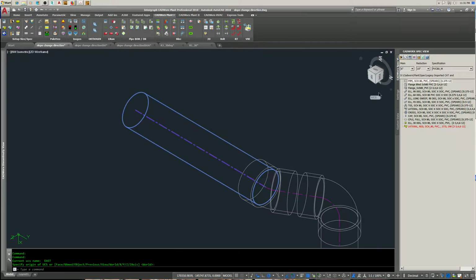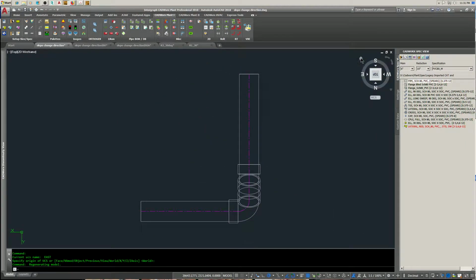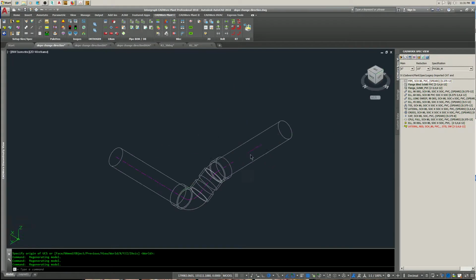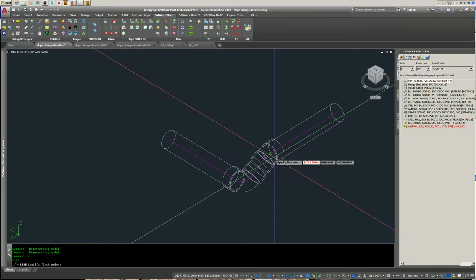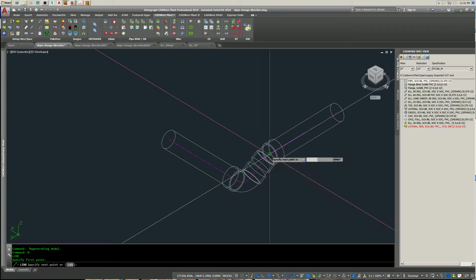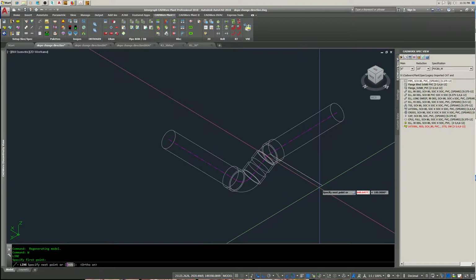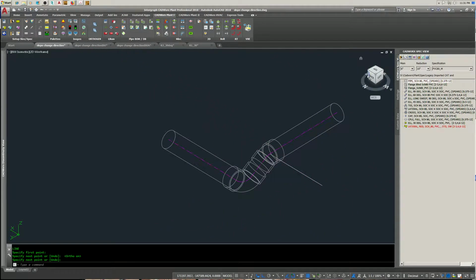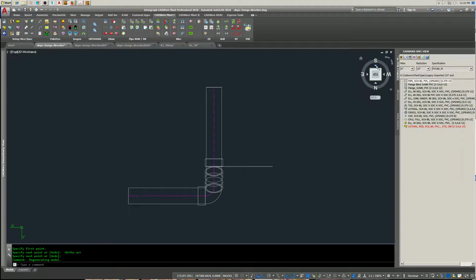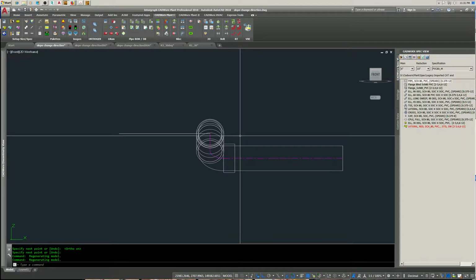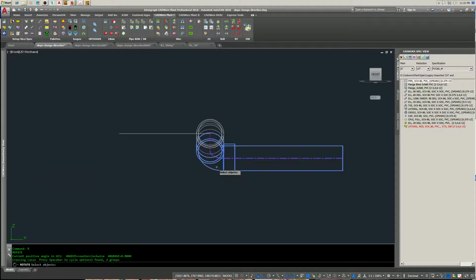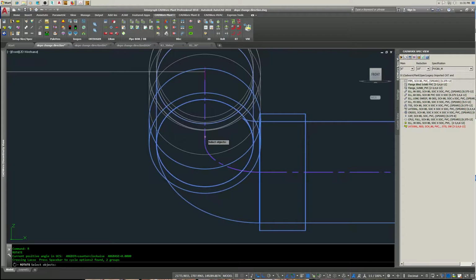Let's get around. Rotation. Pipe. And that helps.